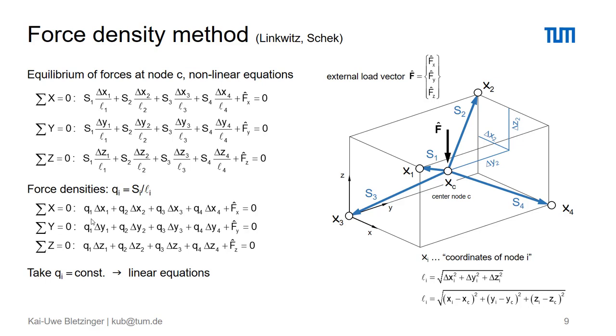And then we come to these two different approaches which I have mentioned. Approach A, which just ends up in the force density method, is simply what I just told you. We take these force densities individually different for each of the members eventually, but constant during the form finding procedure.